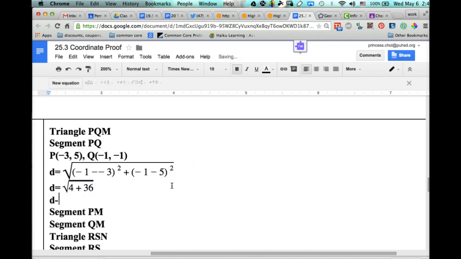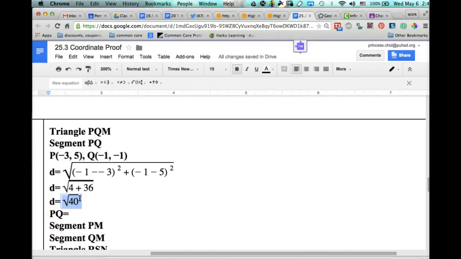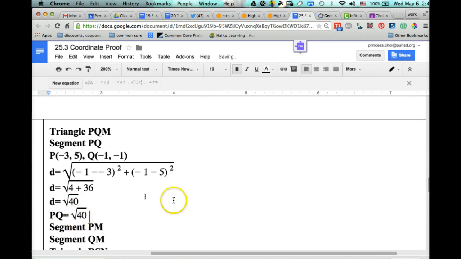And so that gives you, okay, D equals, yeah, square root of 40. Okay? I got it. Good job. So now we know that PQ is equal to what? Square root of 40. Okay?